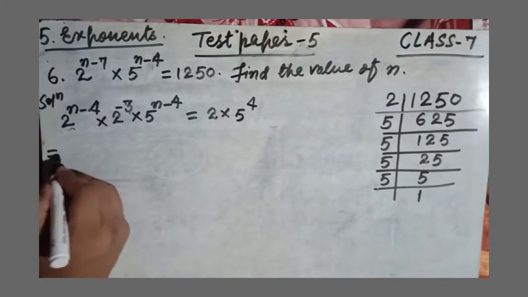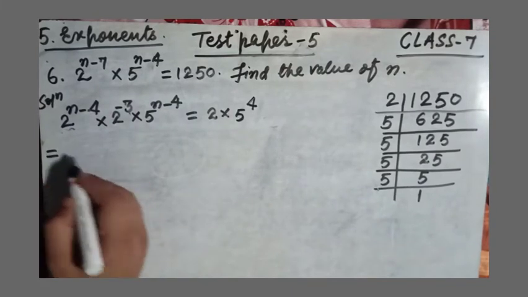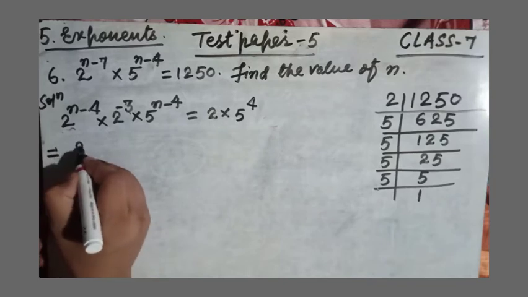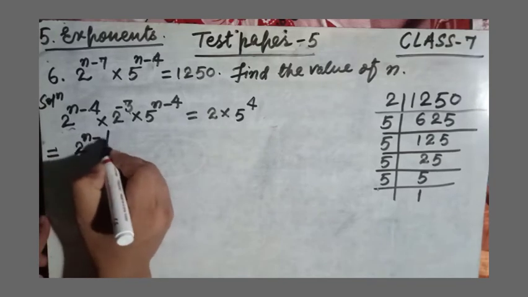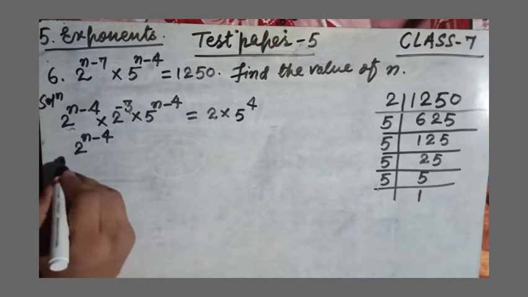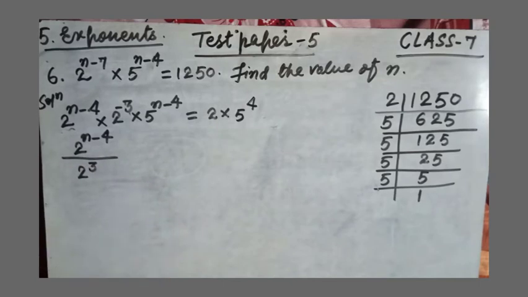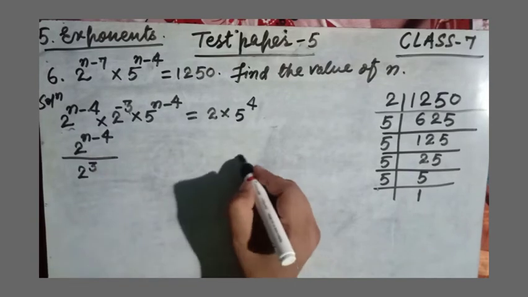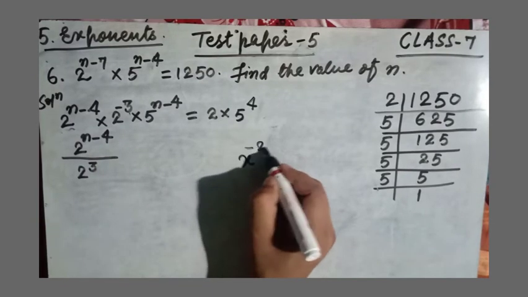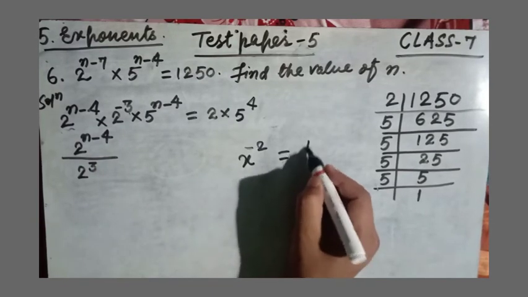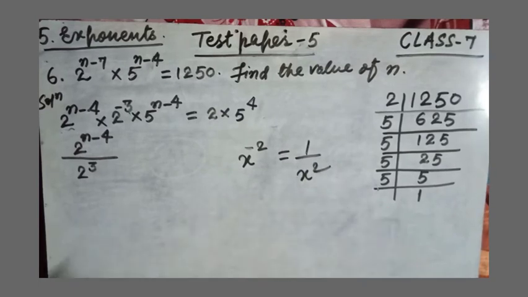Now 2 raised to power n minus 4 is as it is, and the other becomes 1 by 2 raised to power 3. Why? Because suppose x raised to power minus 2 is written, that means this could be written as 1 by x raised to power plus 2.